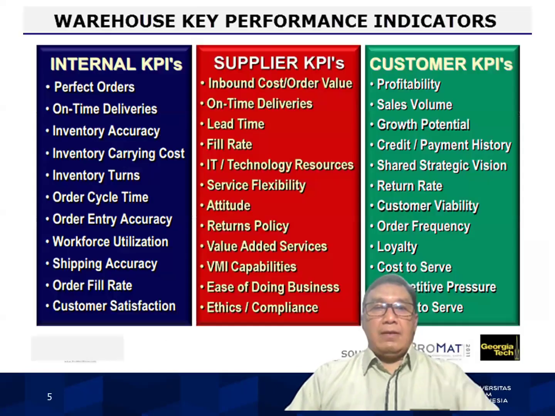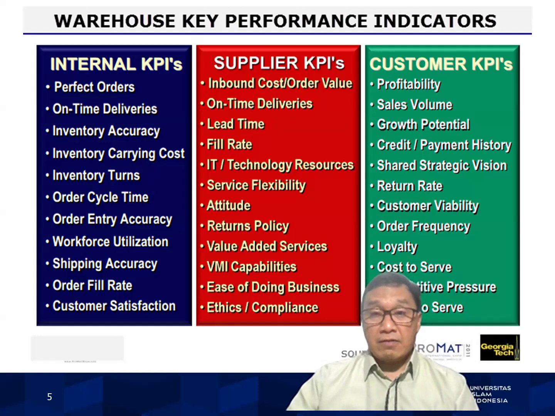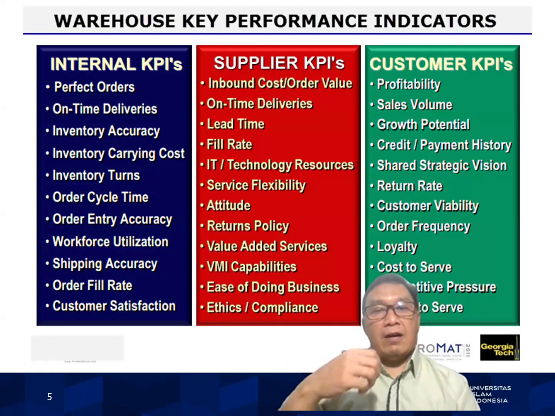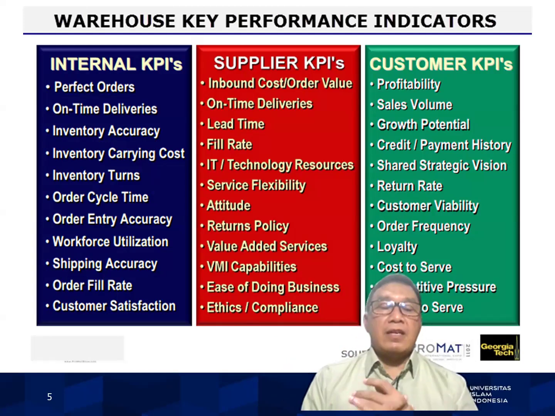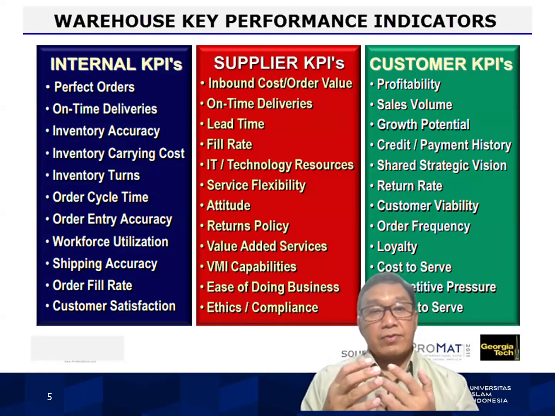So this is an example of KPIs. For example, in a warehouse, there are internal KPIs for the warehouse, for example perfect orders, on-time delivery, information accuracy, inventory accuracy, inventory carrying cost, and so on.